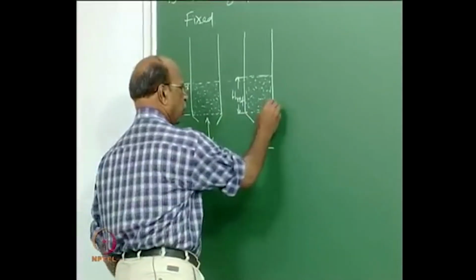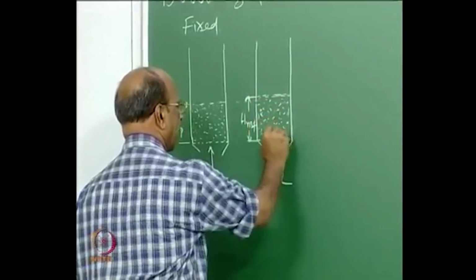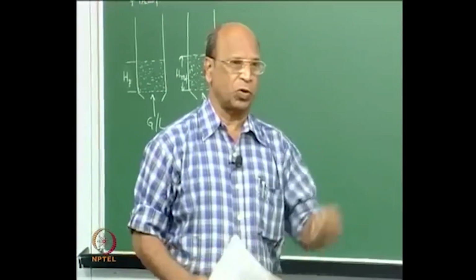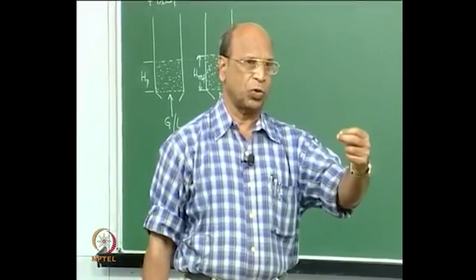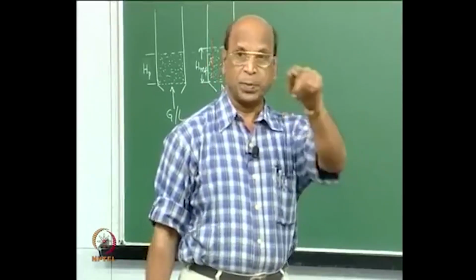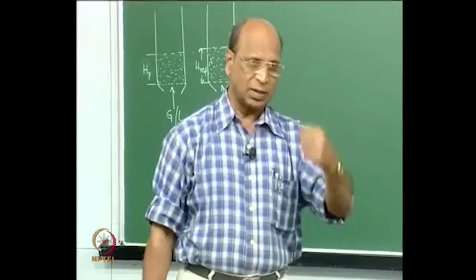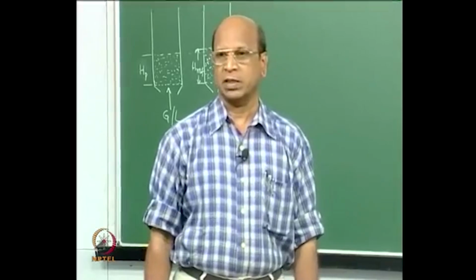Normally we use very small particles in a fluidized bed to take advantage of surface area per unit volume. When you go for smaller and smaller sizes, the surface area per unit volume, which is 6 by dp, where dp is the diameter of the particle, tremendously increases.